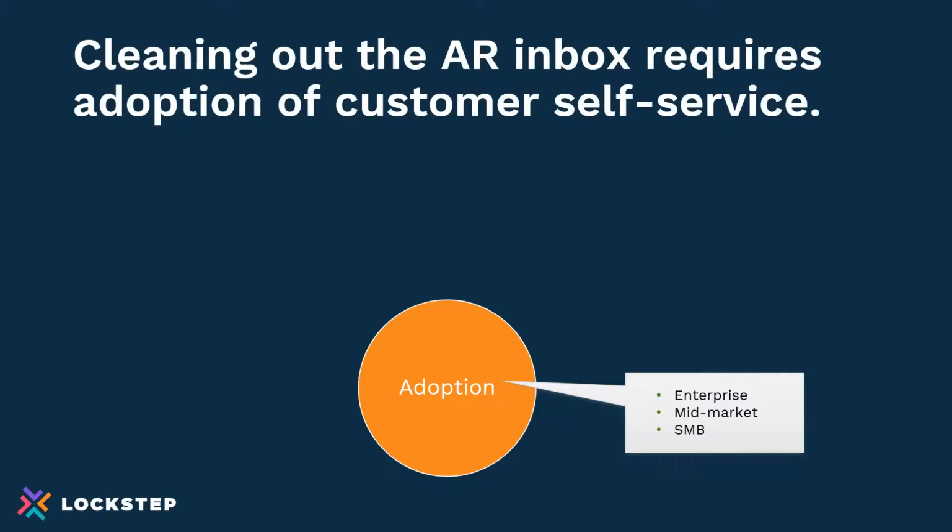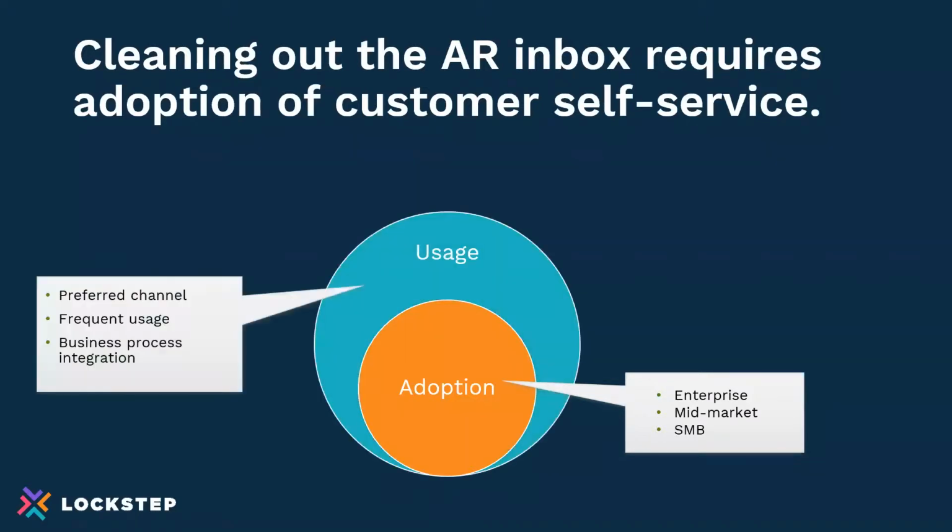For a lot of companies, that's in their small and medium business segments, where there's the most customers and they often consume the most time. So, targeting them for adoption. Then monitoring usage, make sure that it's becoming the preferred channel, drive up the frequency of the usage. And as it becomes stickier, then they really get value out of what is being delivered.